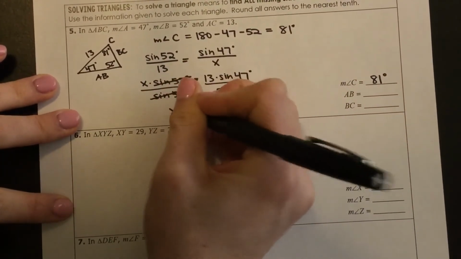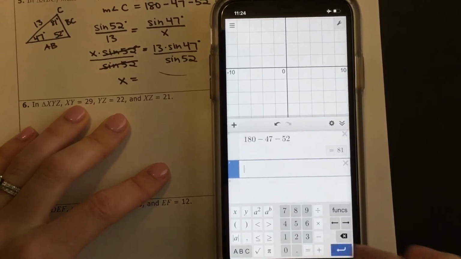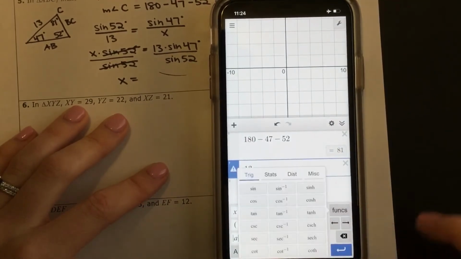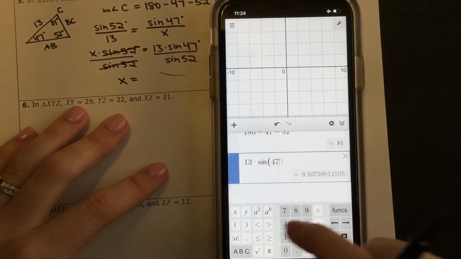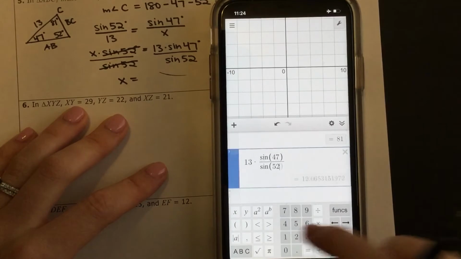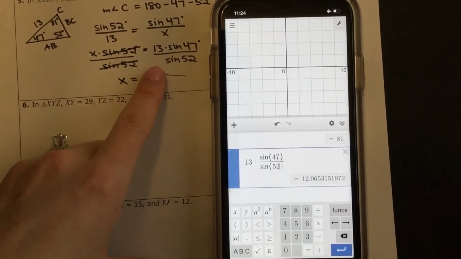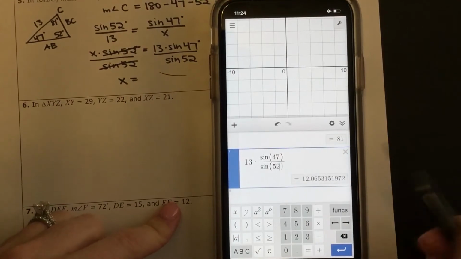We get x equals, make sure this gets typed in just like that, we're not canceling the sines or doing anything weird. So I have 13 times the sine of 47 divided by the sine of 52. Remember, it's okay if the coefficient kind of ends up by itself like that. Just make sure these two pieces are divided. Round to the nearest tenth, that would be 12.1.